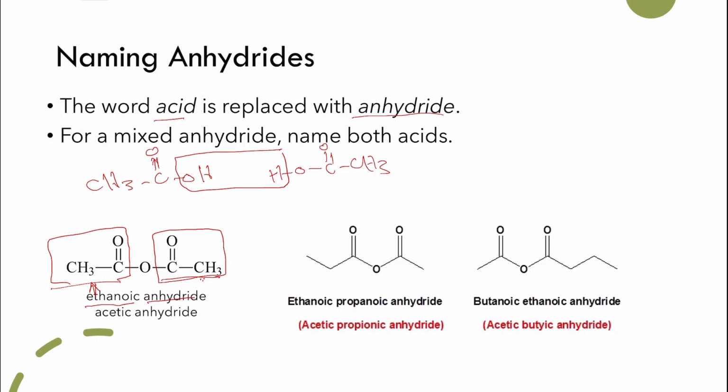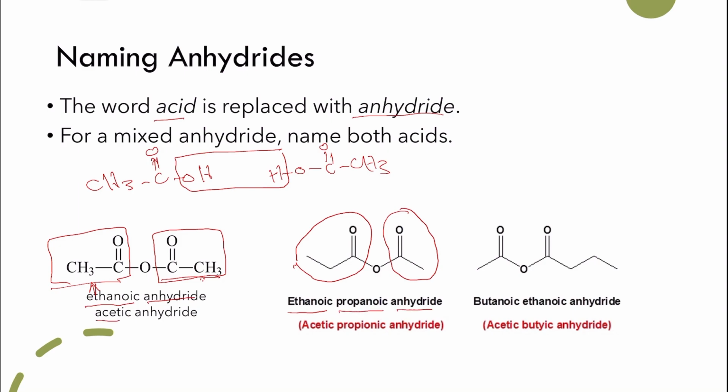But we can also have a mixture of two acids that form the anhydride. In this case, we're not going to say acetic anhydride or ethanoic anhydride. We have to say both acids. So for example, in this case, we have two acids. We have ethanoic acid coming from here, and we have propanoic acid coming from there. So this is going to be called ethanoic propanoic anhydride.